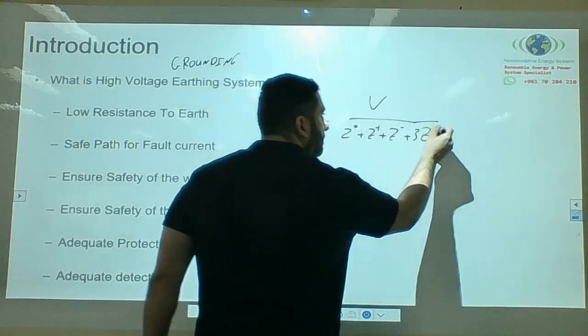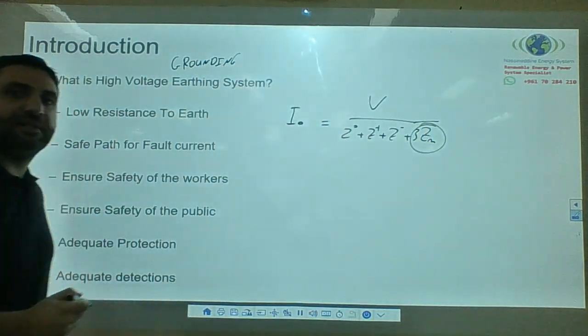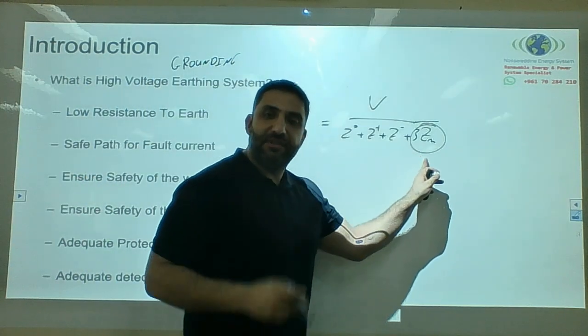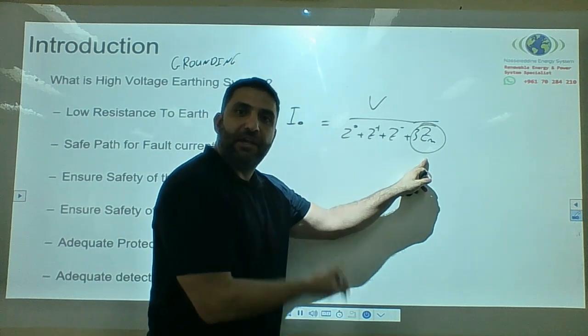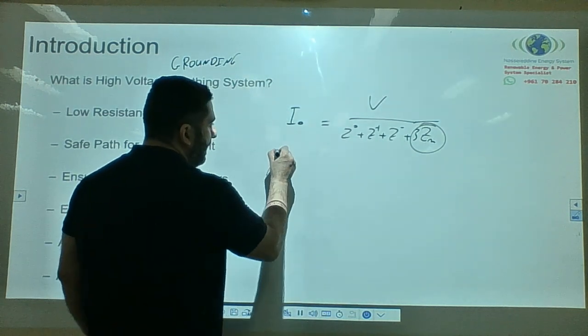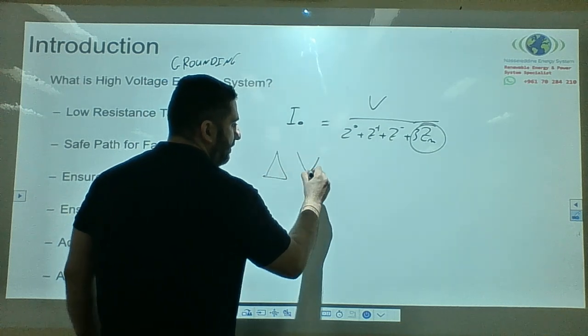This is impacted by the earth grid at the fault and the earth grid that connects the star with the transformer. I have a transformer, I have a delta star.